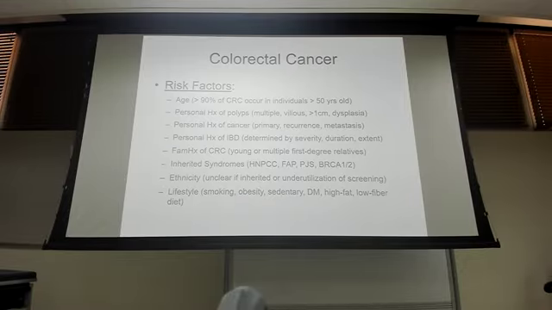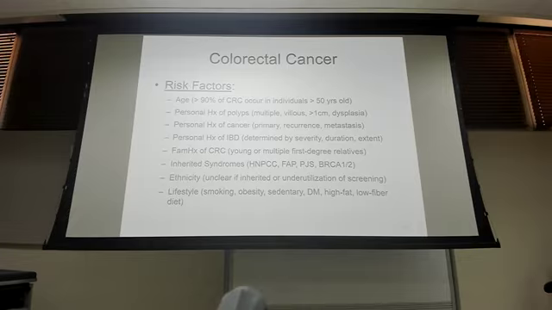Bethesda criteria. So on the colorectal cancer risk factors, 90% are folks 50 and older. If you have a personal history of polyps, multiple, or those that are villous, or greater than 1 centimeter, or you have a history of dysplasia, like I said, the term dysplasia, usually bad on a histology report.